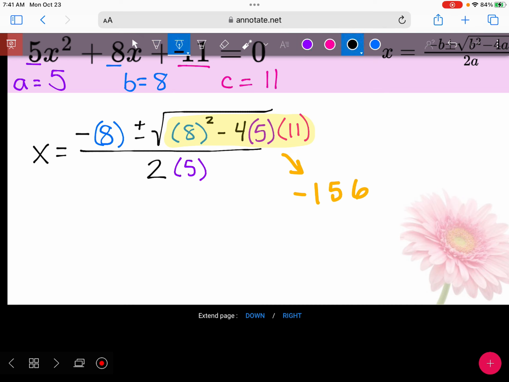So when we come down to our next part of this, negative 8 plus or minus the square root of negative 156 over 10. What's going to happen with that radical?